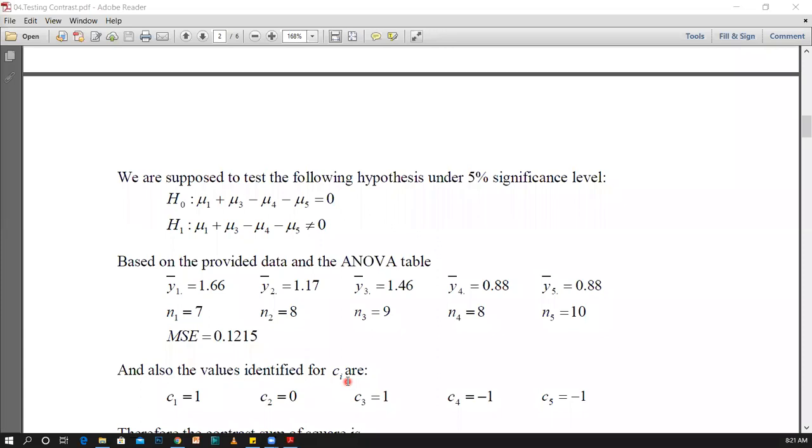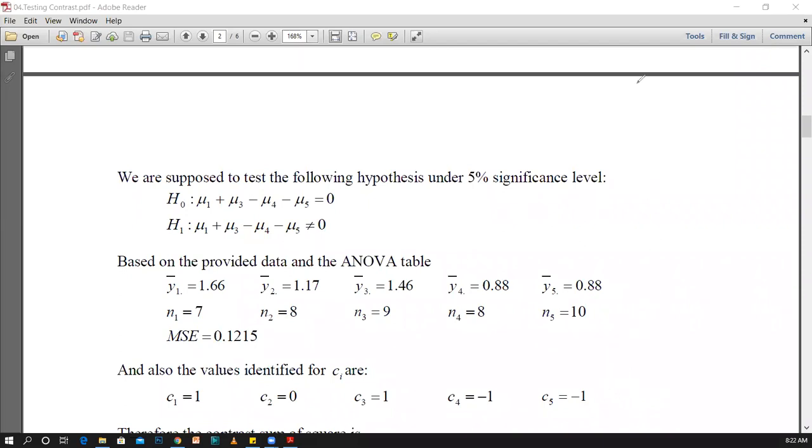There is a presence of mu 1, so we can take C1 equals 1, and there is no presence of mu 2, therefore C2 equals 0. Then mu 3 is present, so the coefficient is 1. Then for mu 4 it is minus 1, and the value for C5 is again minus 1.